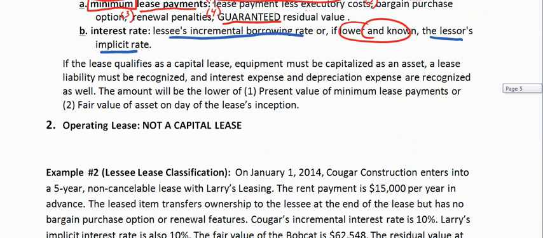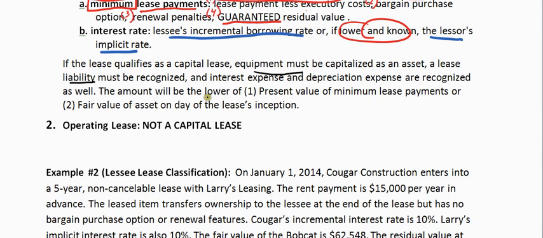All right, so moving along. Actually, let's talk about one last detail. If it's a capital lease, then we're going to capitalize equipment. It's going to be called leased equipment. And we're going to capitalize a liability, call it a lease liability. And then we're going to have interest expense and depreciation expense.